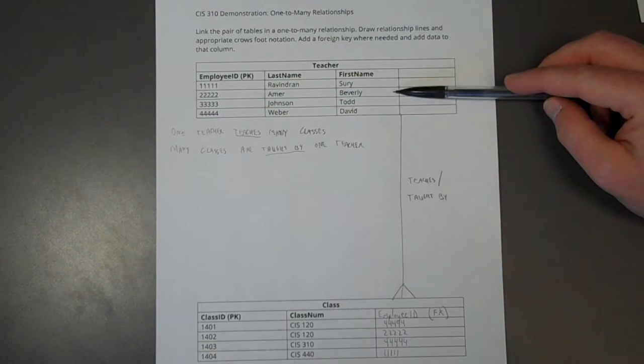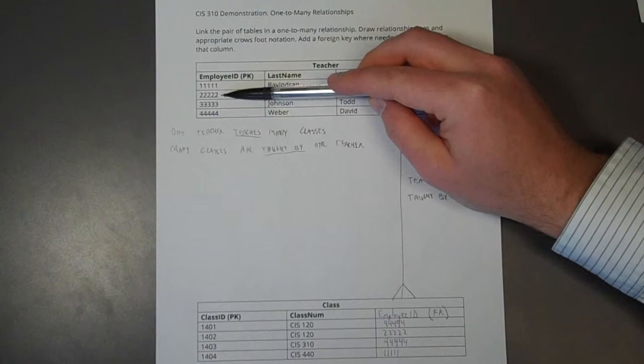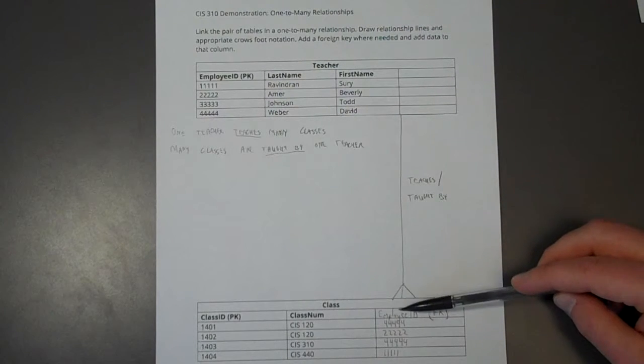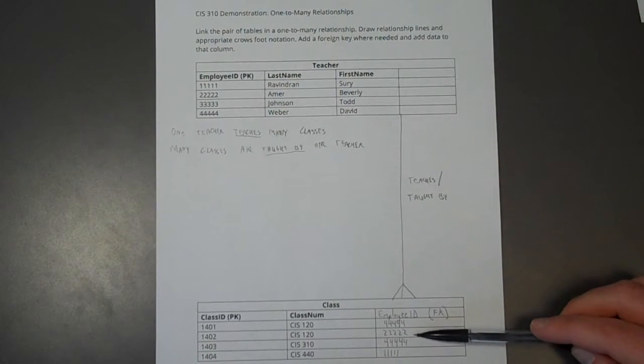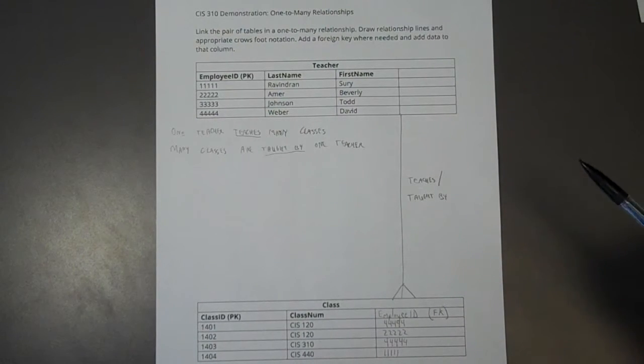So now when we're looking at this table and we're looking at a row like Beverly Amer, what courses does Professor Amer teach? Well, we can look at this value right here, this primary key, this 22222, and go down this relationship and look wherever we find a 22222 in this column, and I do see one here, this is a course that she teaches. And we can do this the other way around.